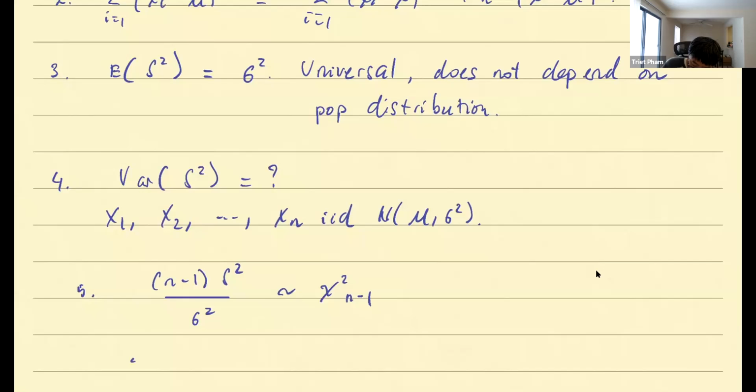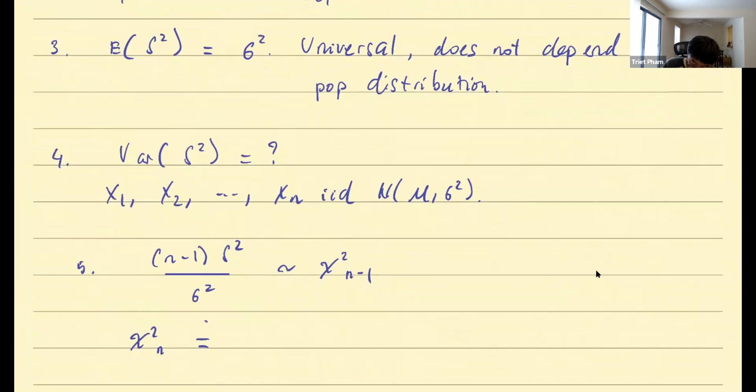Chi-square itself is an important result, where the working definition of chi-square is the sum of independent normal squares. So this is the most important result we get out of the normal assumption.